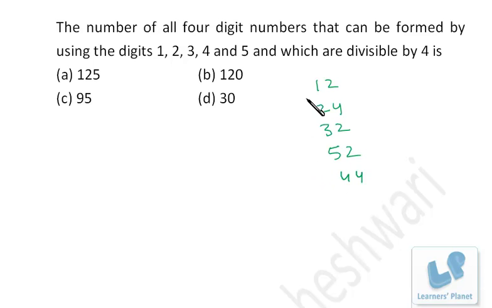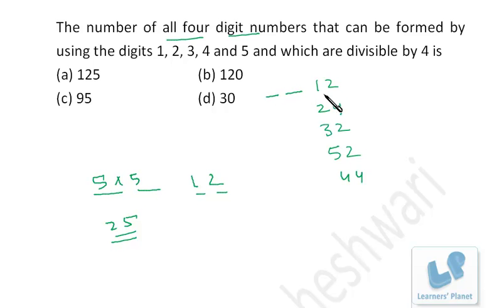Now these are the last 2 digits. So the remaining 2 digits, because we just have to form 4-digit numbers, in how many ways can we fill them, that we have to calculate, right? For each place we have 5 choices, that is 1, 2, 3, 4, 5. Any of the numbers we can fill. For the second place as well we have 5 choices, and the last 2 places are 12 only, right? So for each combination we have 25 ways.